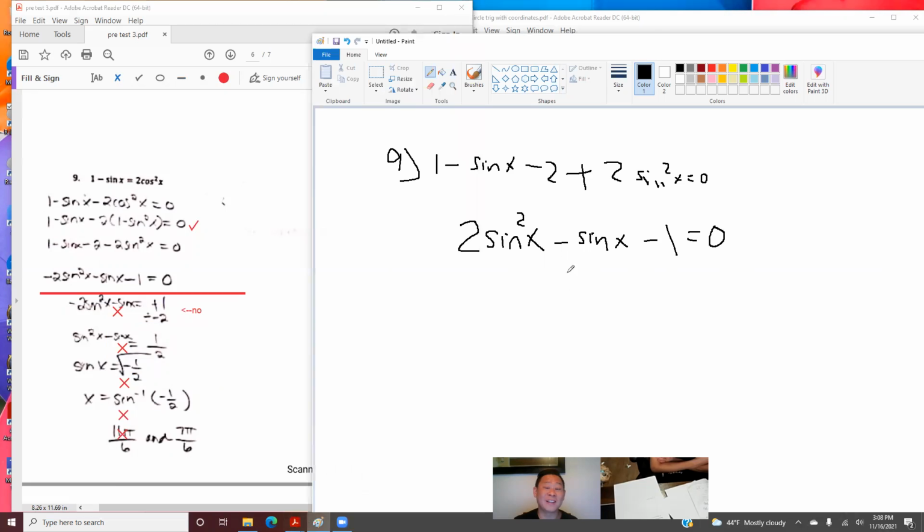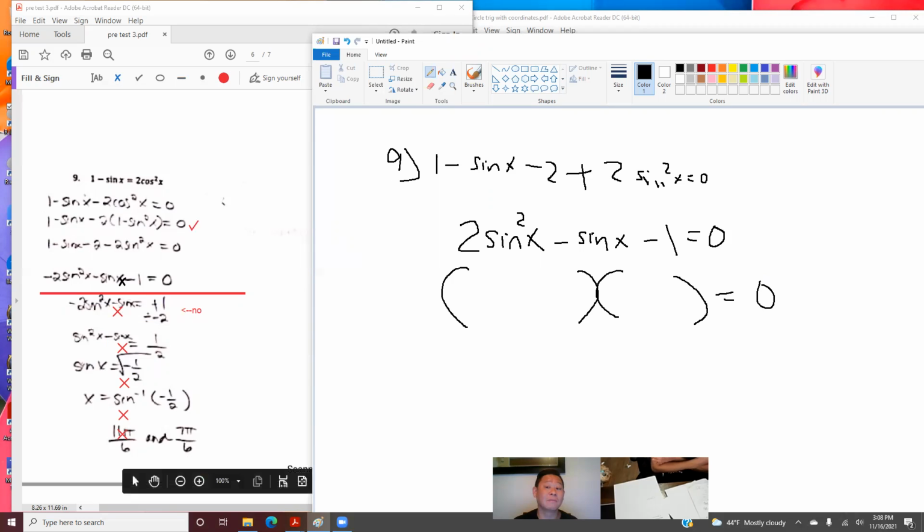This is a quadratic type, so factoring. This is not factoring, you cannot solve this way. So I did it the wrong way. You got what I'm saying here? Yeah, I know where.